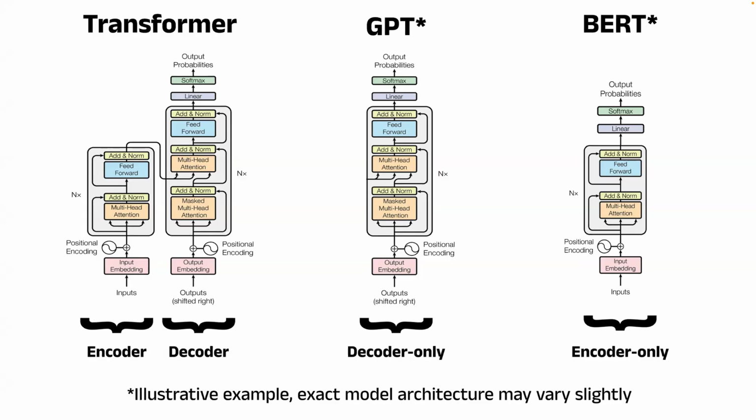So the encoder is nothing but reading all the English words step by step and turning them into a latent representation. The decoder's task is to maximize the probability of the correct translated sentence.